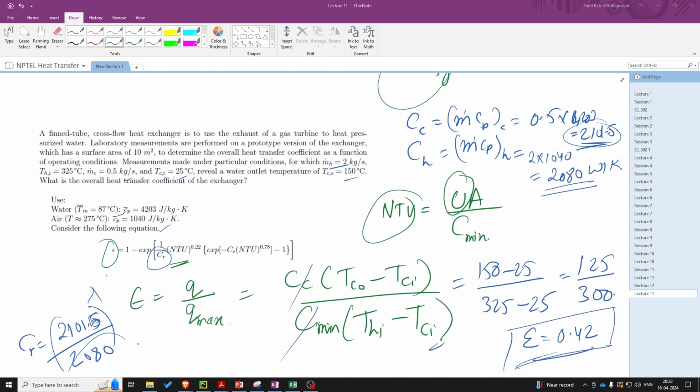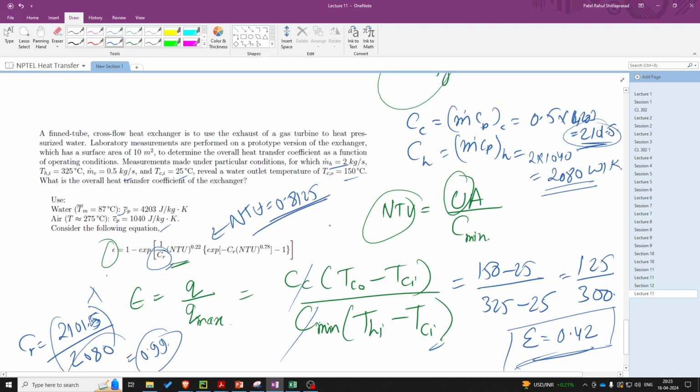So this will come around 0.99. So this 0.99 you need to put over here, and we have the epsilon to put over here, and then you can try solving this by trial and error. This will give you the value of NTU as 0.8125.